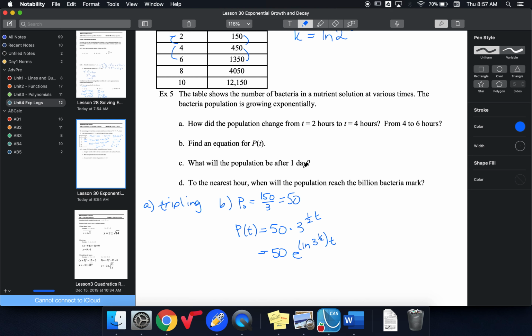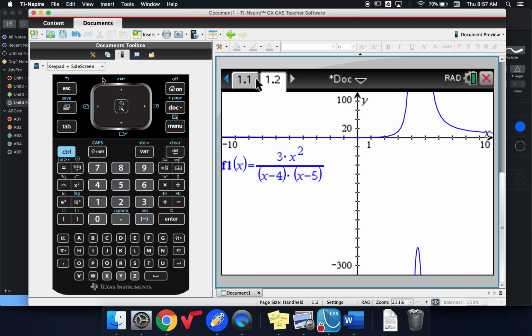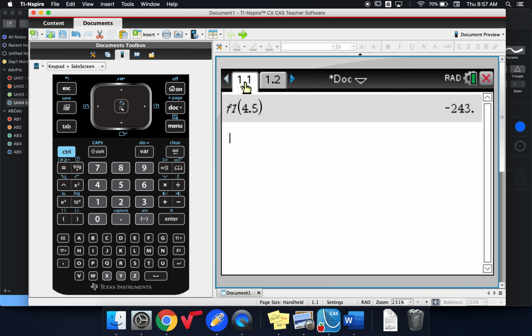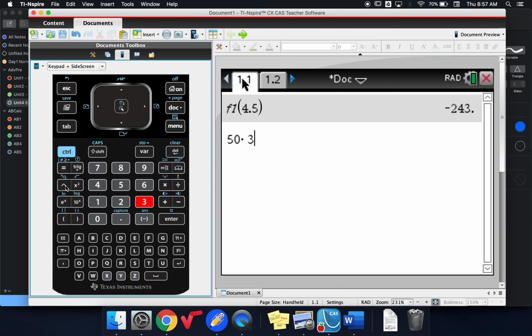What will the population be after 1 day? Well, 1 day is 24 hours, so I want P of 24. Come to my calculator to figure that out. So I'm going to take 50 times 3 raised to the 24 times 1/2.